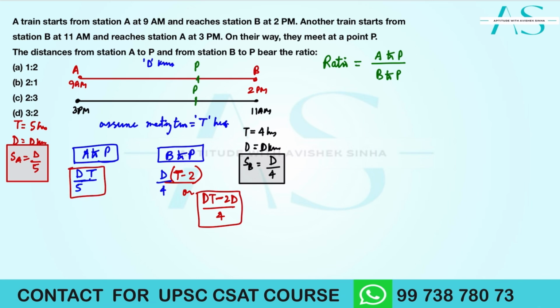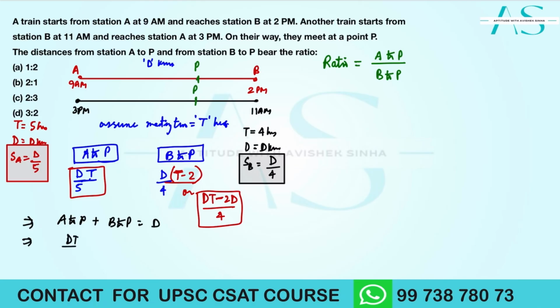अब क्या आप इसको ऐसे बोल सकते हैं that A to P plus P to B is equal to d kilometers? If yes, then we have an equation here that A to P plus B to P is actually d kilometers.